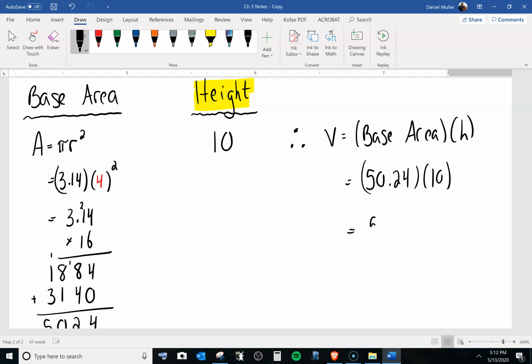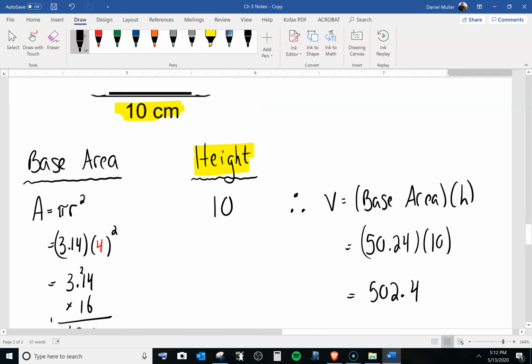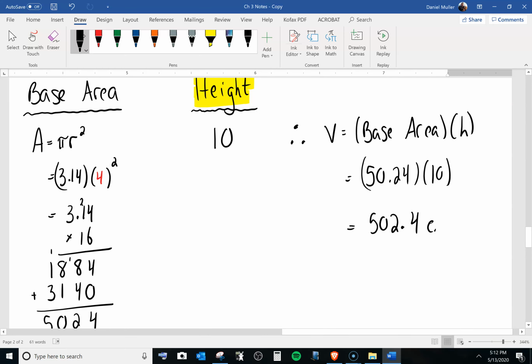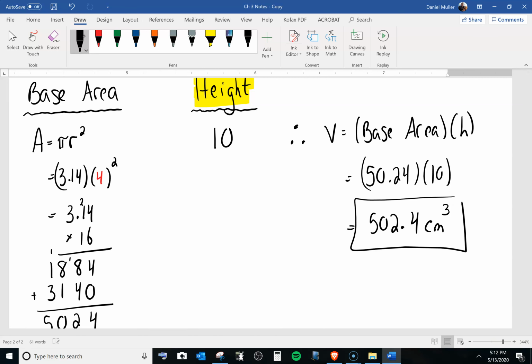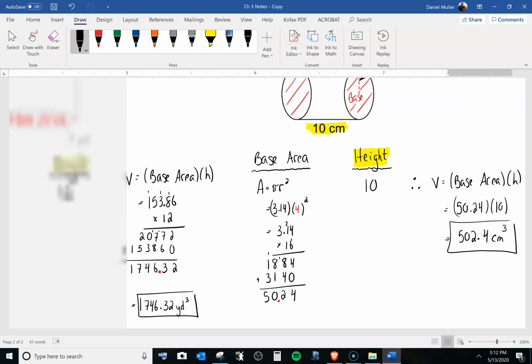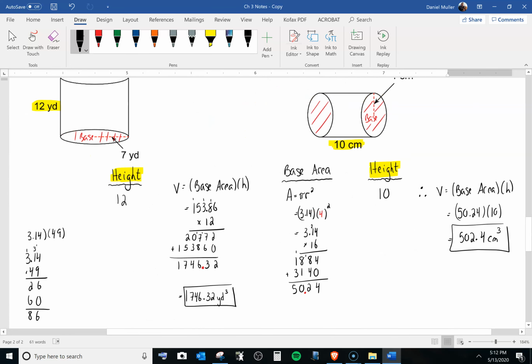And I like multiplying by 10 because that just moves the decimal place over. So 502.4, and then centimeters cubed. And that is our volume of a cylinder or our circular prism. So I'll zoom out here, and then we can go right on to the next two here.